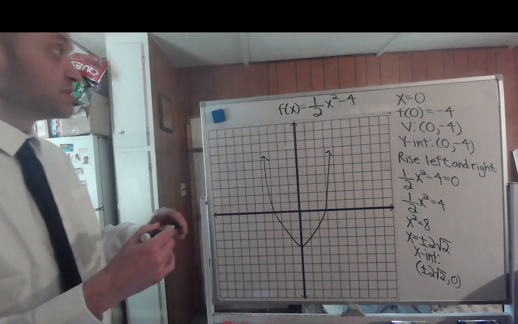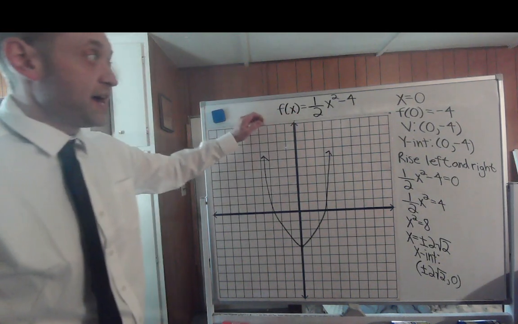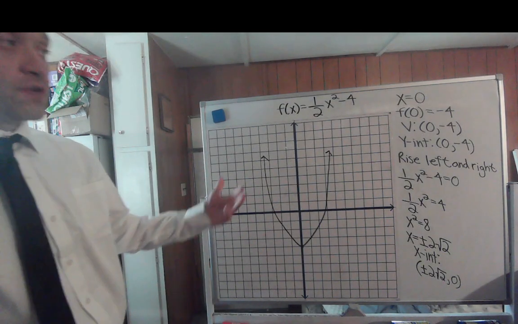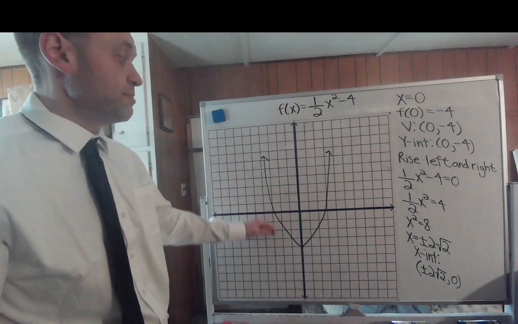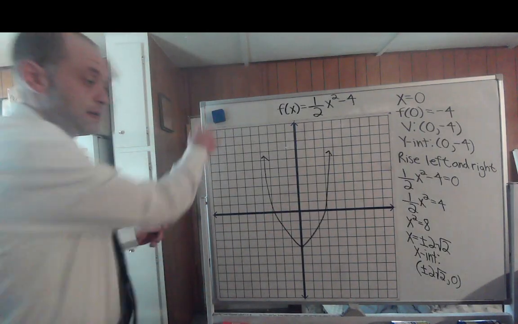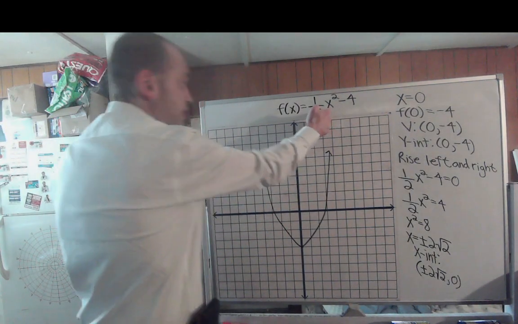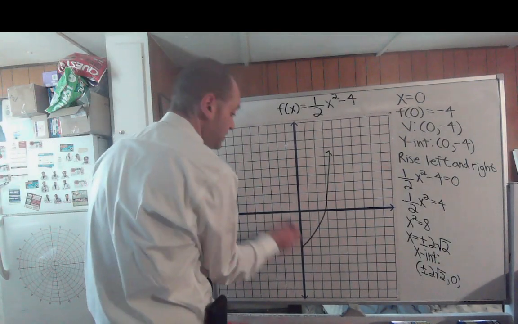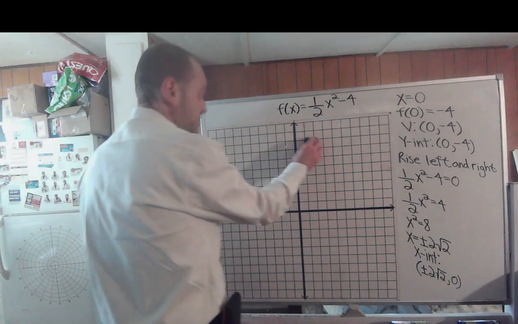And then here is my graph of f of x equals half of x squared minus 4, based on the vertex, the y-intercept, and my 2 x-intercepts. And since it's a quadratic equation, that would make sense that I'm going to actually end up having 2 x-intercepts.